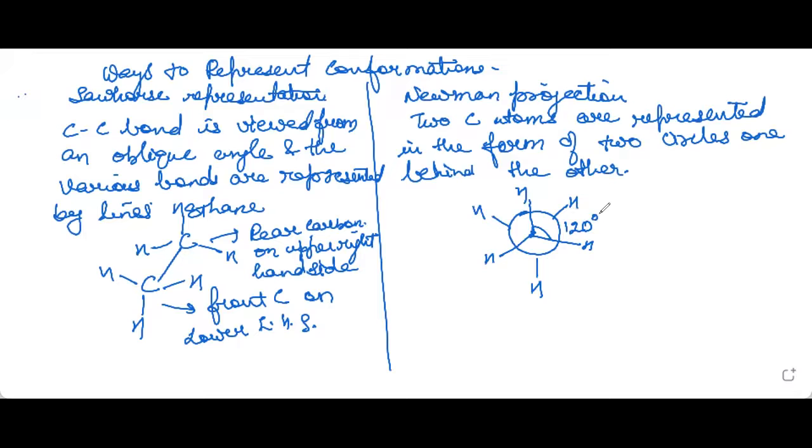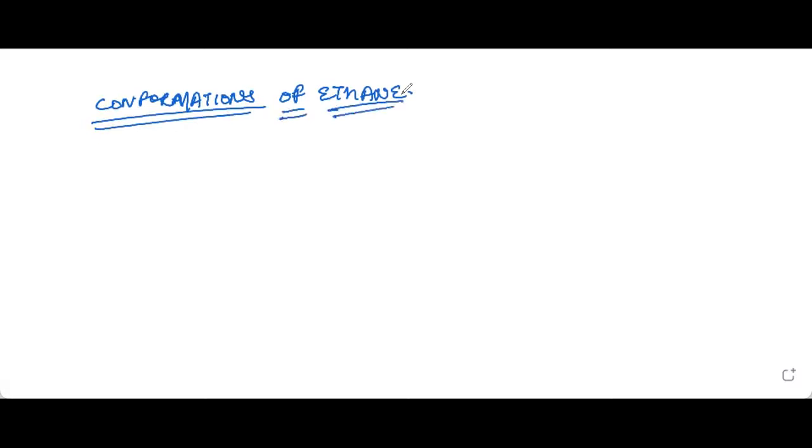Now we will be moving into the conformations of ethane. Now what we say is the rotation across carbon-carbon single bond is free.